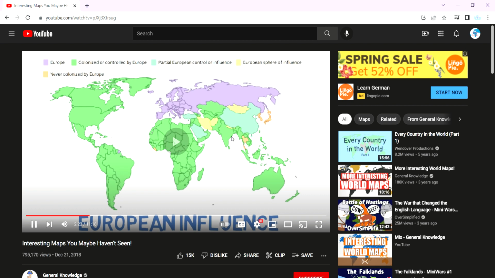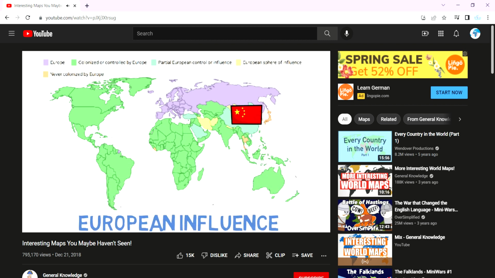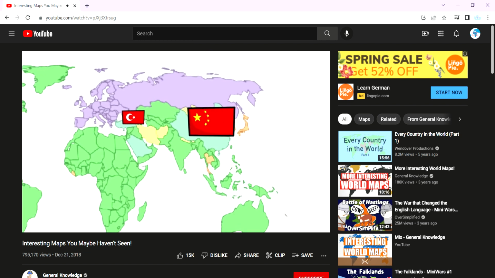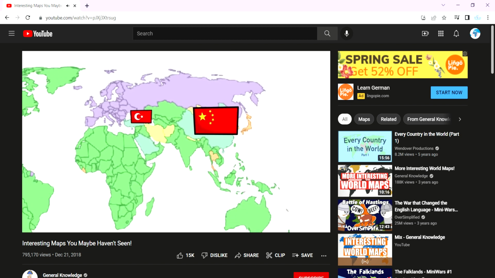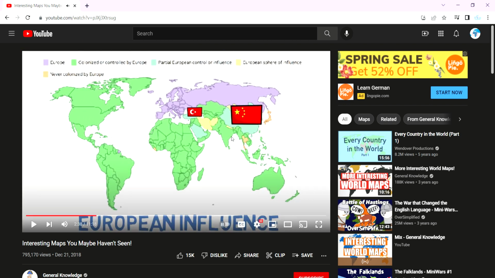Others, like China or Turkey, had very heavy influence by European powers in terms of investment and trade, and China even had some of its actual territory colonized as well, like Hong Kong, Macau, and other regions. Yeah, I think the UK only gave Hong Kong back to China very recently, like not in the 2000s, but I think like the 1990s, somewhere there. Ceded to France and Germany.